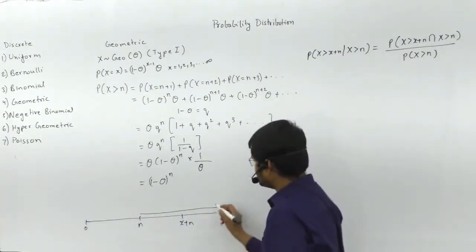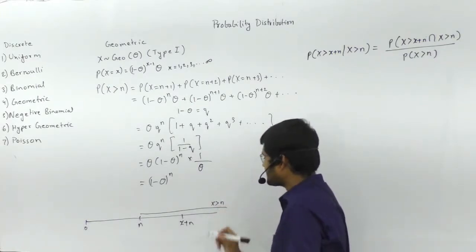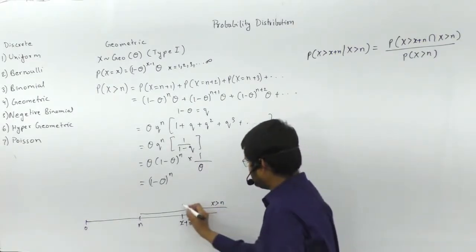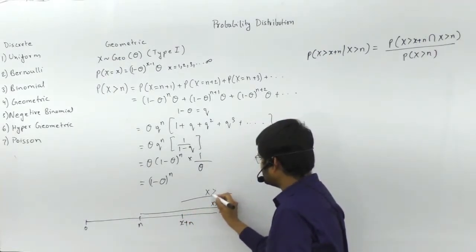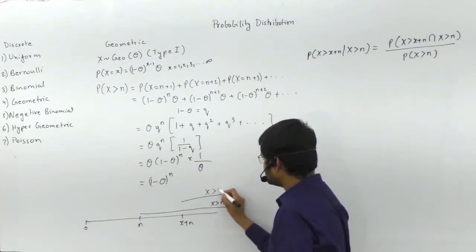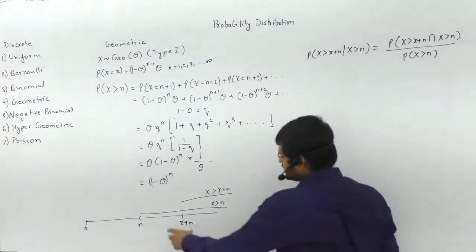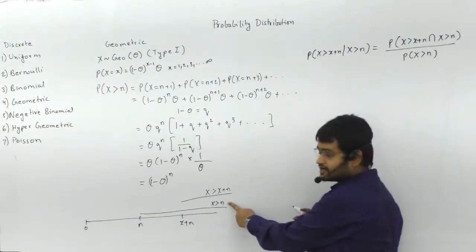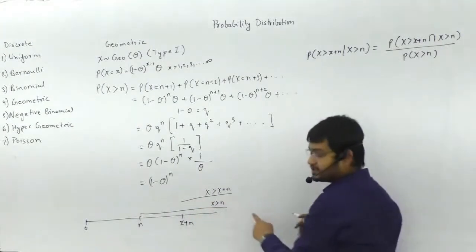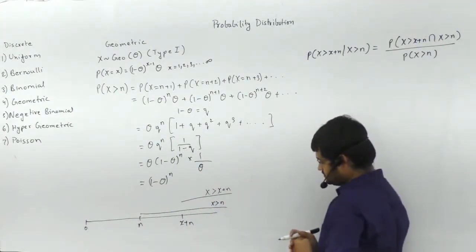All the values that are greater than n would be denoted by x greater than n, and all the values that are greater than x plus n would be denoted by this particular line. So basically we have this line that is representing all the values that are greater than n, and we have this line that is representing all the values that are greater than x plus n.